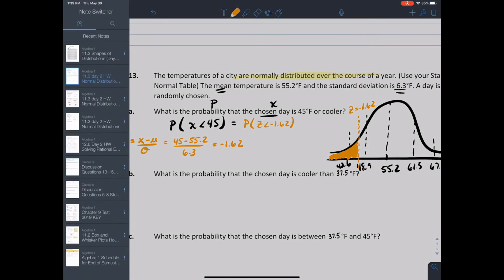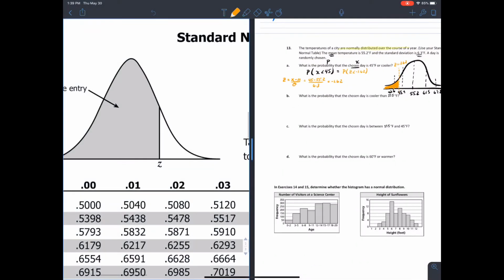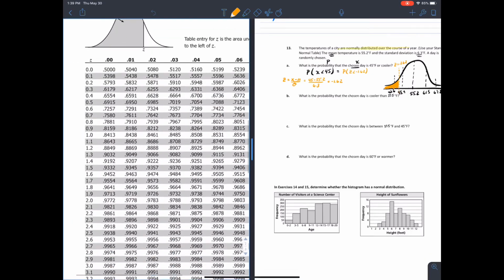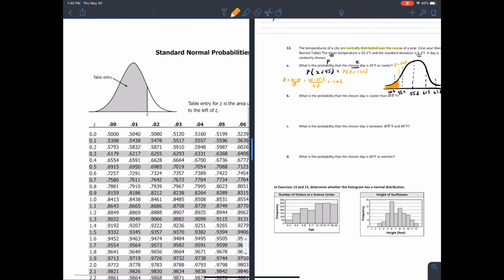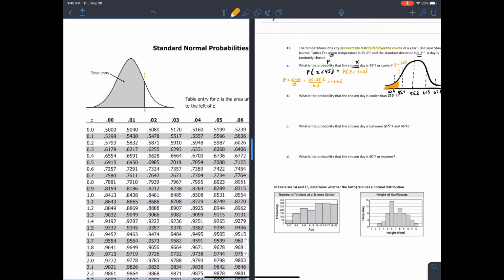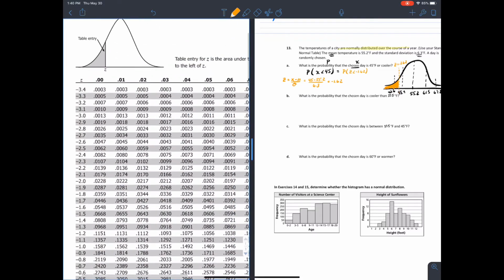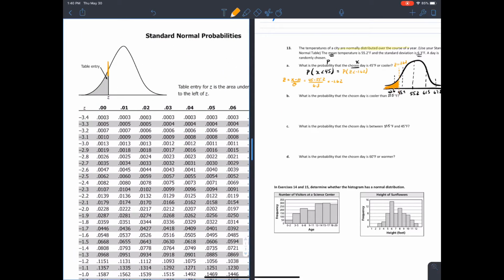We have to pull out our table, which again would have been provided to you. Our z-score is negative 1.62. This table shows us the area behind whatever z-score we look up. This side is showing positive z-scores, so I have to find the reference that has a negative z-score. If I tell the table what this border is, it'll tell me the area behind it.